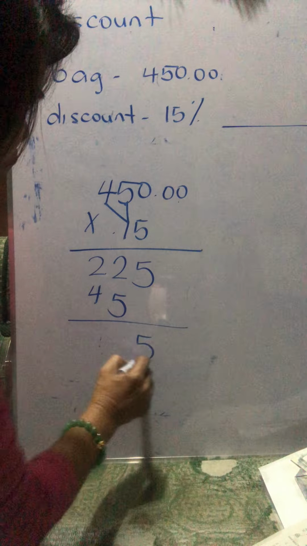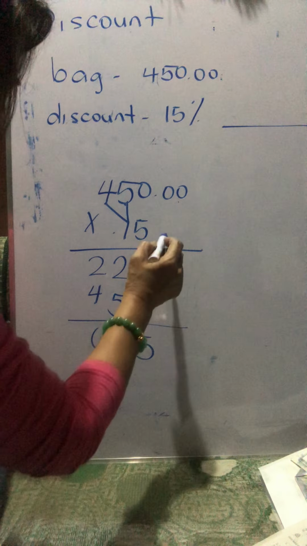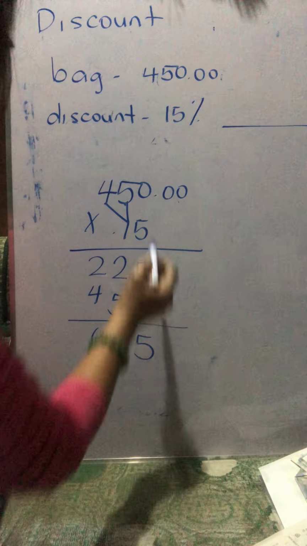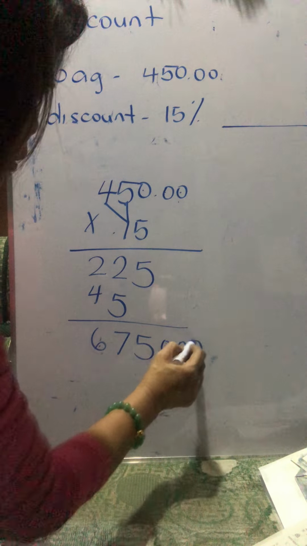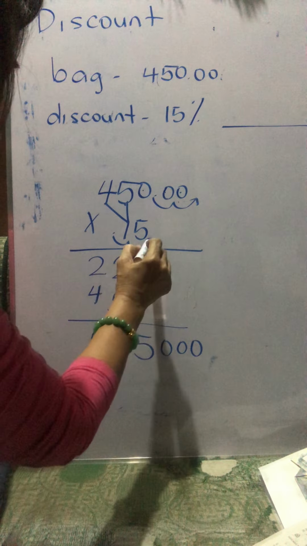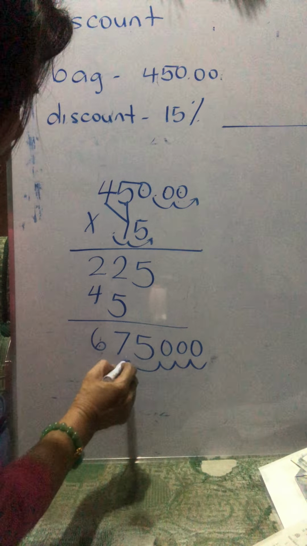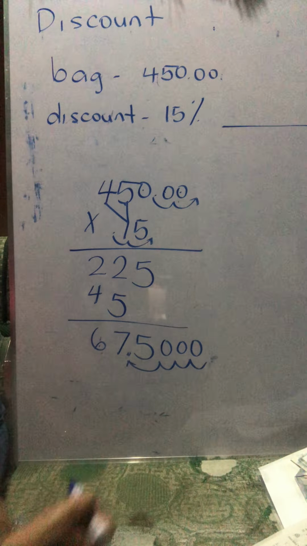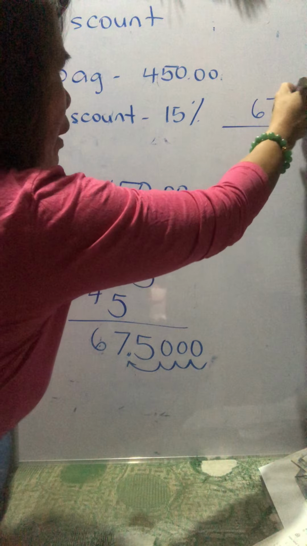So this is now 5, 5 plus 2 is 7, 4 plus 2 is 6. Then counting the decimal places, 15% of it is 67.50.